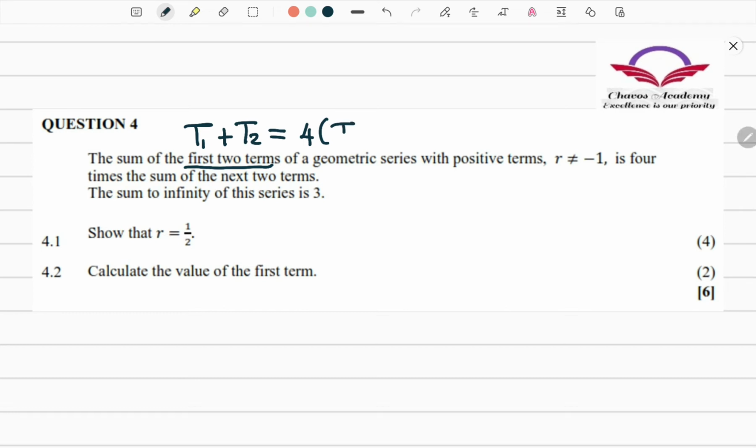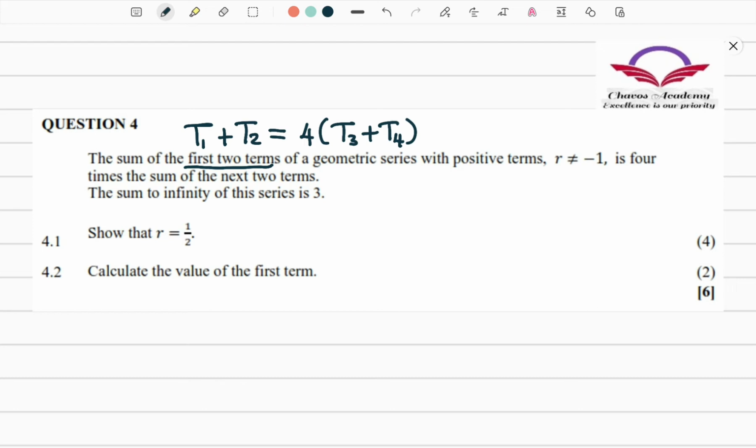It means here they're talking about T3 plus T4, because they're saying the next two terms. So by so doing, I've already derived the equation. By reading the information you can derive the equation.